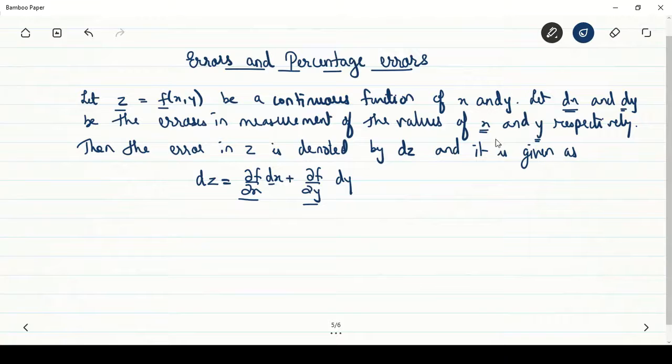This dx is the error in x and this dy is the error in y.